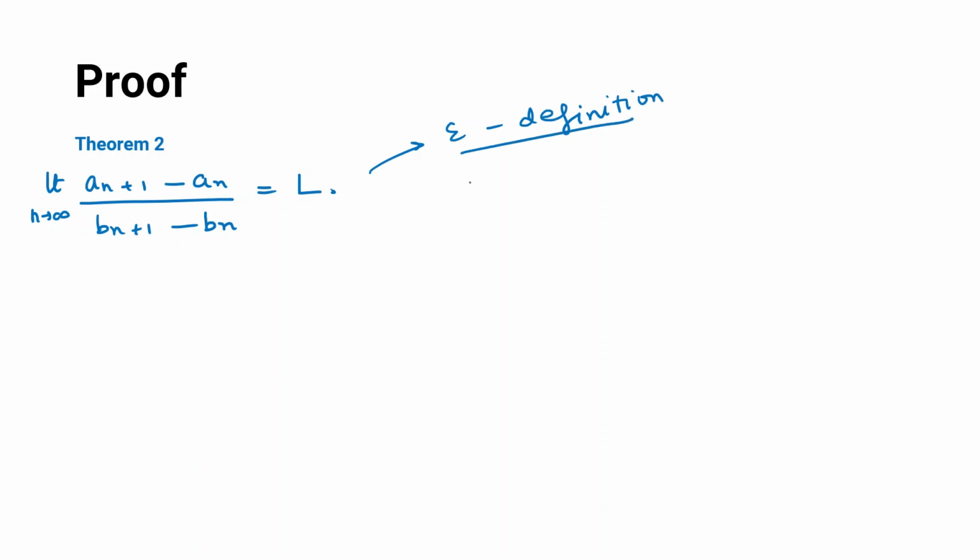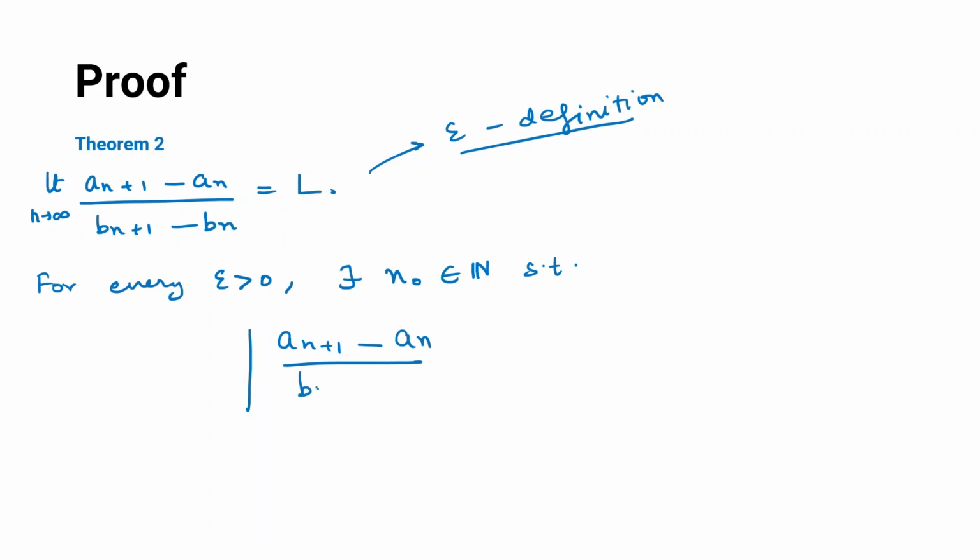For every epsilon positive there exists some n_0 belonging to the natural numbers, such that |(a_{n+1} minus a_n) divided by (b_{n+1} minus b_n) minus L| is less than epsilon for all n greater than or equal to n_0.